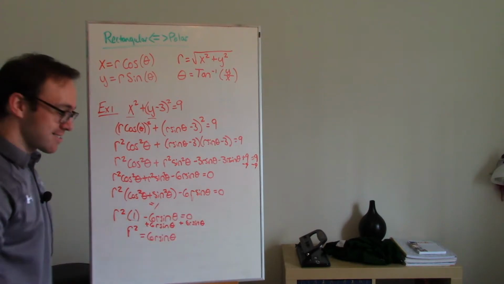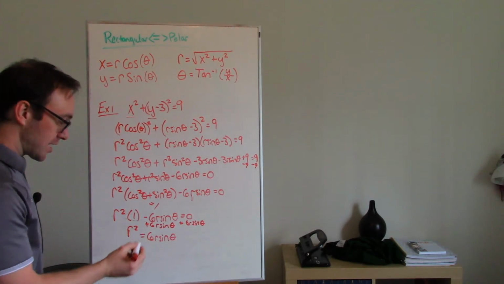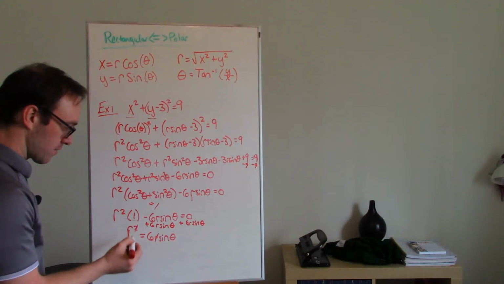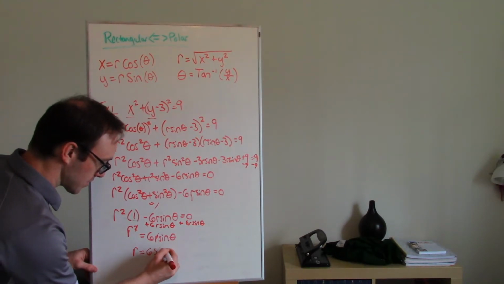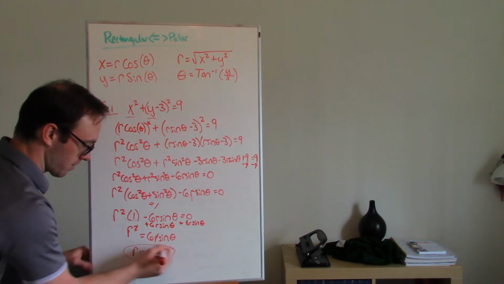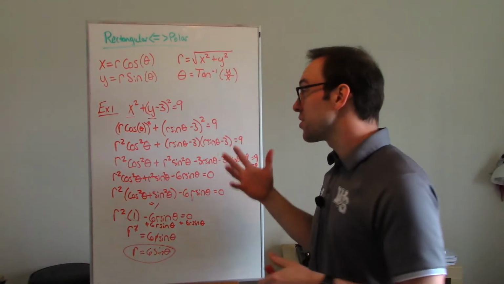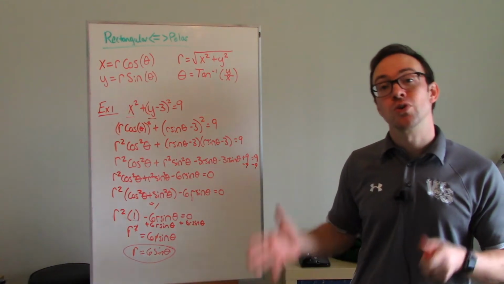So adding the 6r sine over, and then we can cancel out an r from both sides, leaving us r equals 6 sine of theta. Now let's look at example number 2 for the functions.